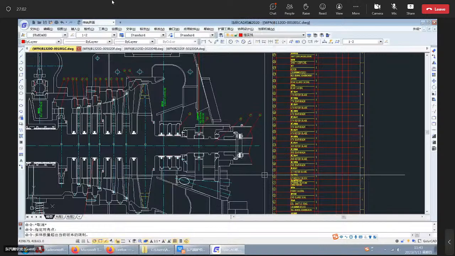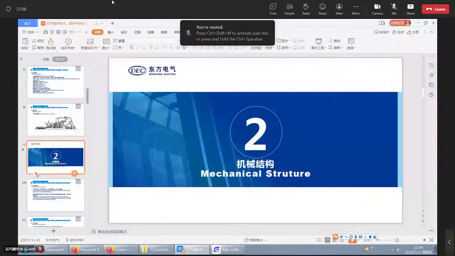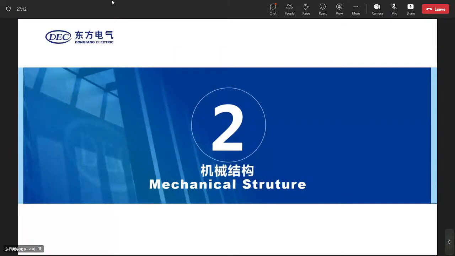The second part is the mechanical structure. The next section is the mechanical structure. First, an important part is the sliding and location system.